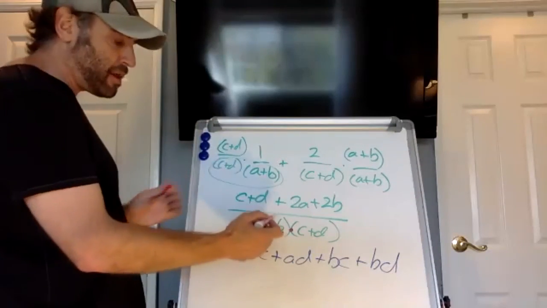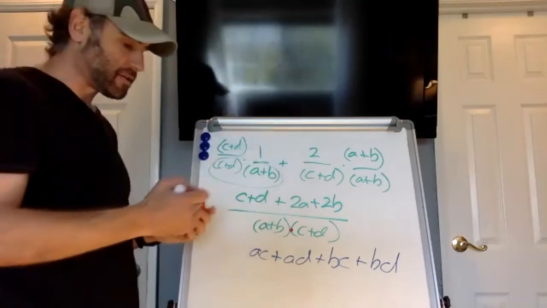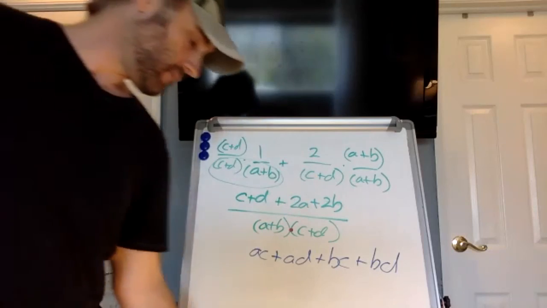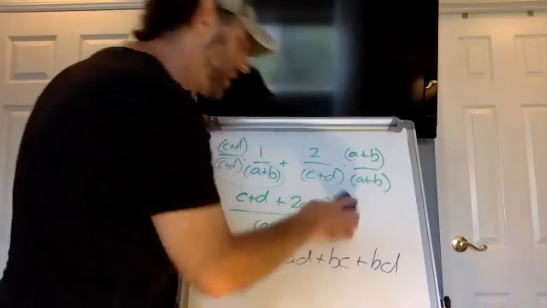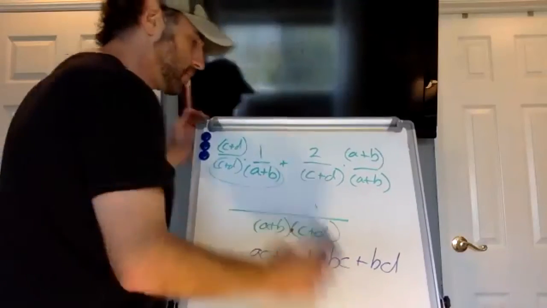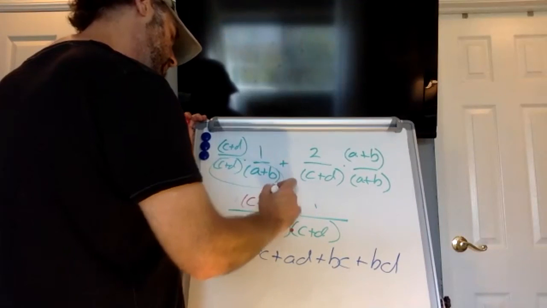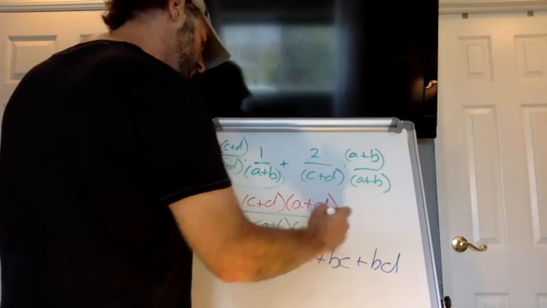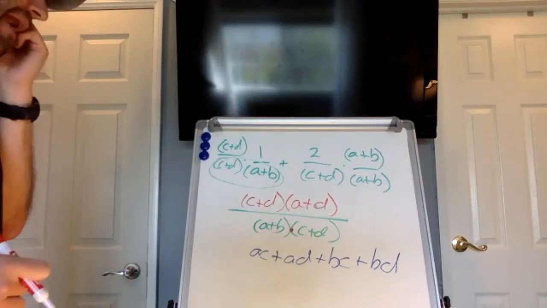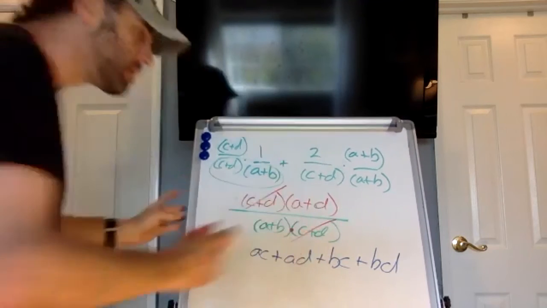Because these are connected. And if an A plus B combo shows up in the top, then I can cancel it. If I end up somehow getting, for some other problem, A plus B times A plus D over A plus B, then you can cancel.